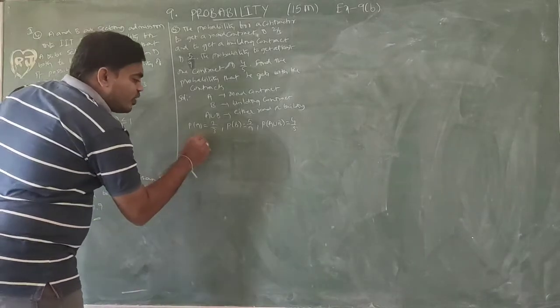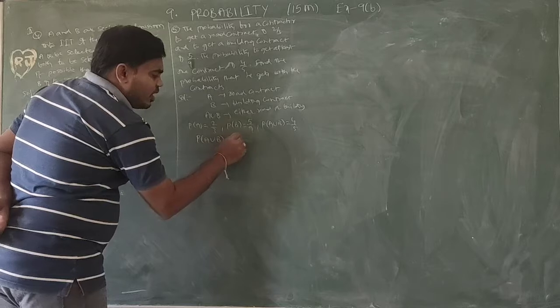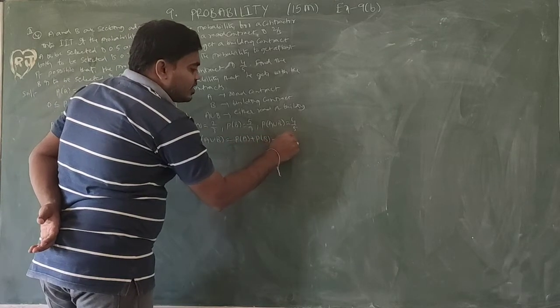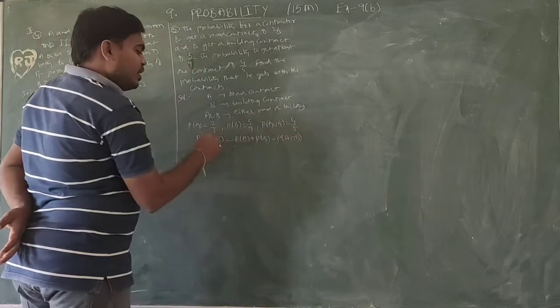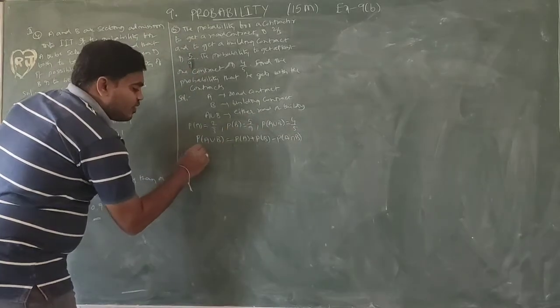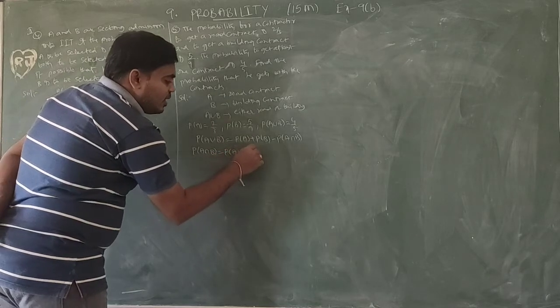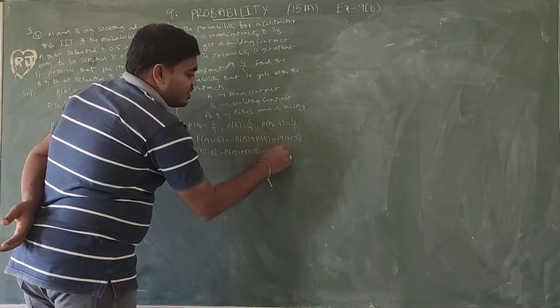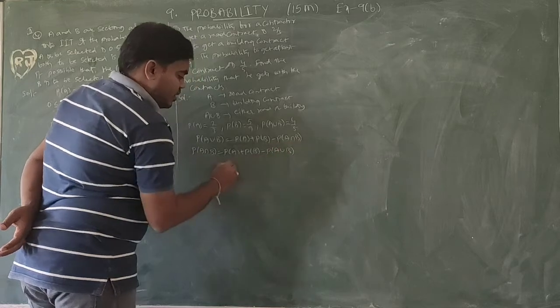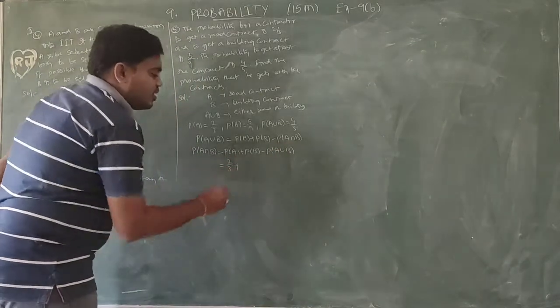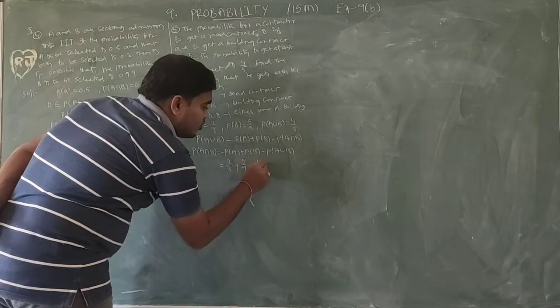So P of A union B formula: P of A plus P of B minus P of A intersection B. Bringing this one to this side, P of A intersection B equal to P of A plus P of B minus P of A union B. That is 2 by 3 plus 5 by 9 minus 4 by 5.